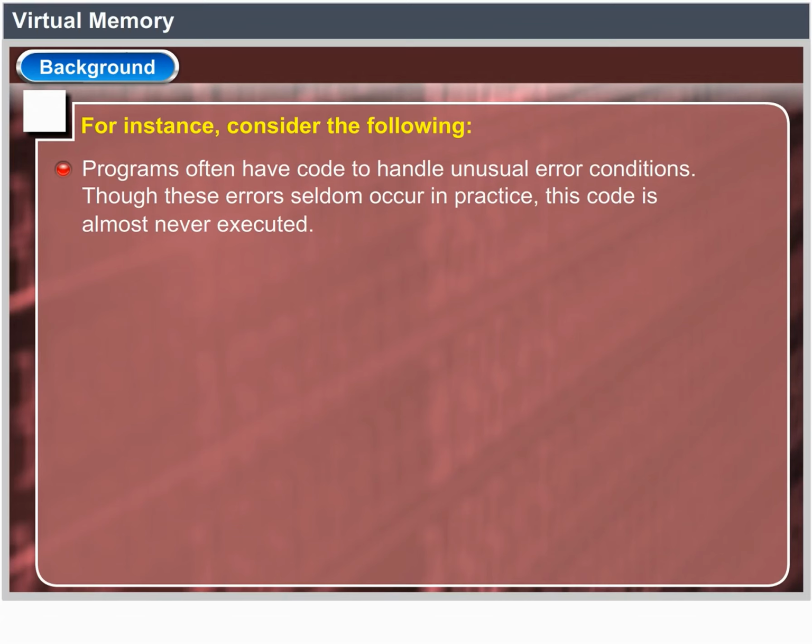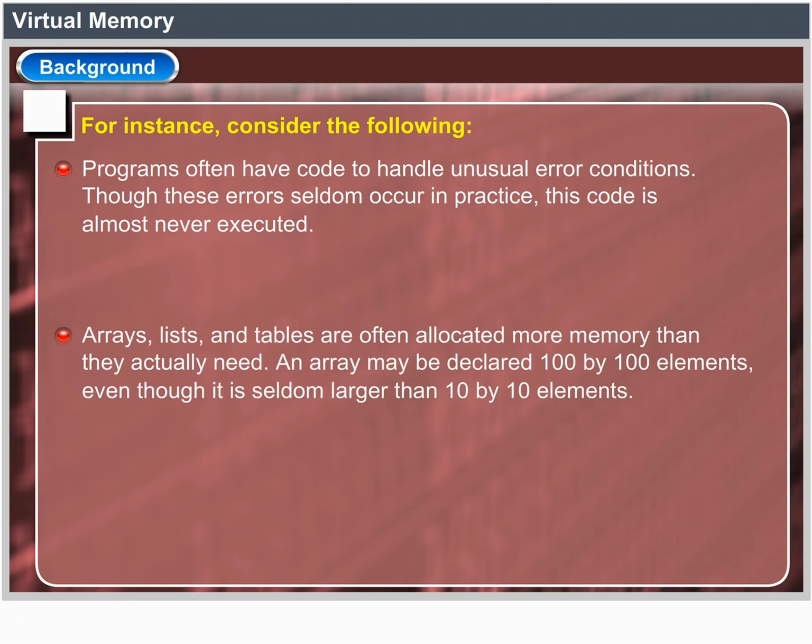Arrays, lists, and tables are often allocated more memory than they actually need. An array may be declared 100 by 100 elements even though it is seldom larger than 10 by 10 elements. An assembler symbol table may have room for 3000 symbols, although the average program has less than 200 symbols.